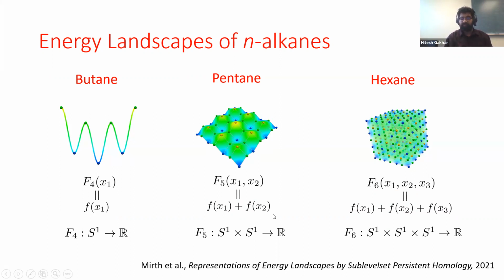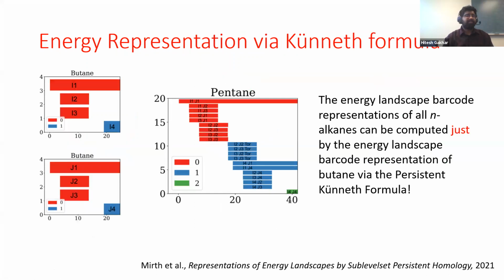F of x1 plus f of x2 and so on. So this allows them to write the energy landscape barcode representation of every alkane by just the energy landscape barcode representation of butane and the algebraic persistent Künneth formula.